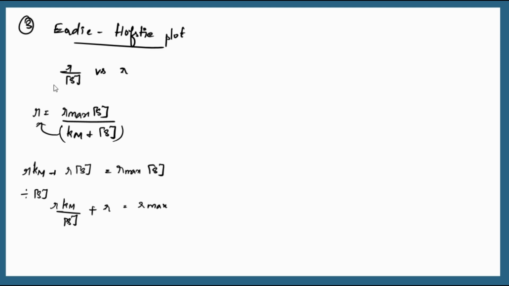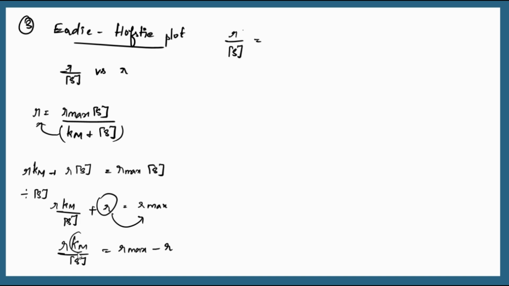In the question, they have said this is Y and this is your X. So Y is R by concentration of S. How can we rewrite this? This R will be taken to this side, so this will be R Km by concentration of S equal to R max minus R. What we need is this Y, which is basically rate by concentration of substrate.